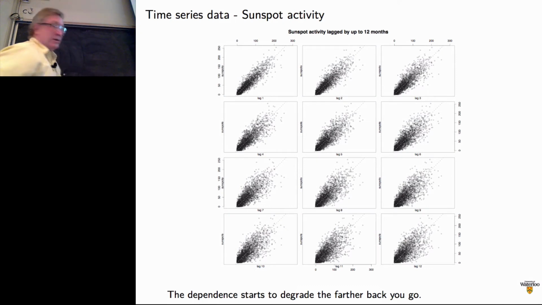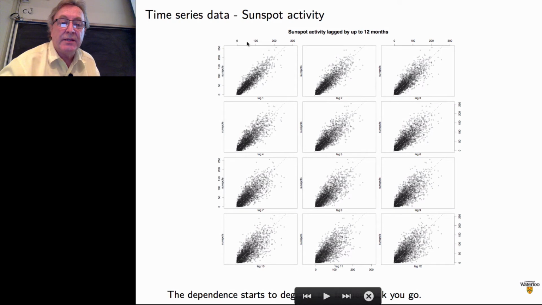So if you look at that, the first plot is lag 1. So this is the number of sunspots in that particular month versus the number of spots in the prior month. Now it's number of spots in that month versus 2 months ago. Number of spots versus 3 months ago. 4, 5, 6, 7, 8, 9, down to 1 year ago, 12 months ago.